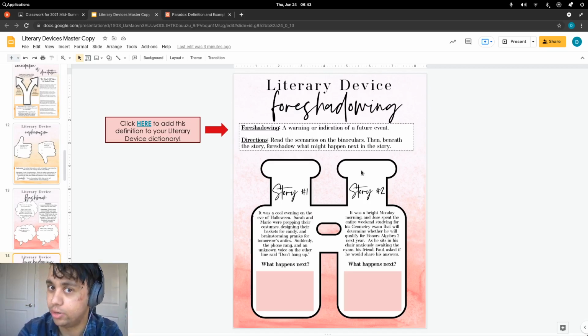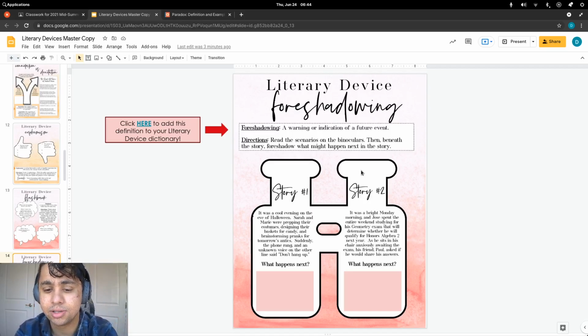That's a very weird way to address somebody on the phone when you're first talking. That's worth noting. Second, it's the eve of Halloween. We probably didn't get that information from the author for no reason. It didn't come out of nowhere. There's something mysterious about the holiday of Halloween. There's something scary about it. And having a stranger address you and say, "Don't hang up," can be certainly scary too.